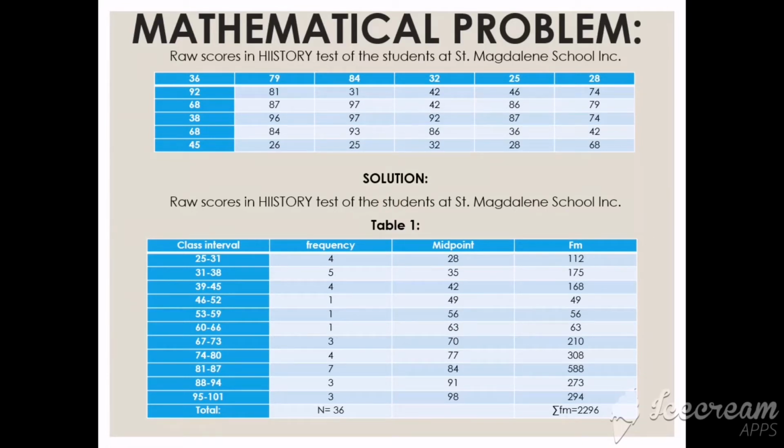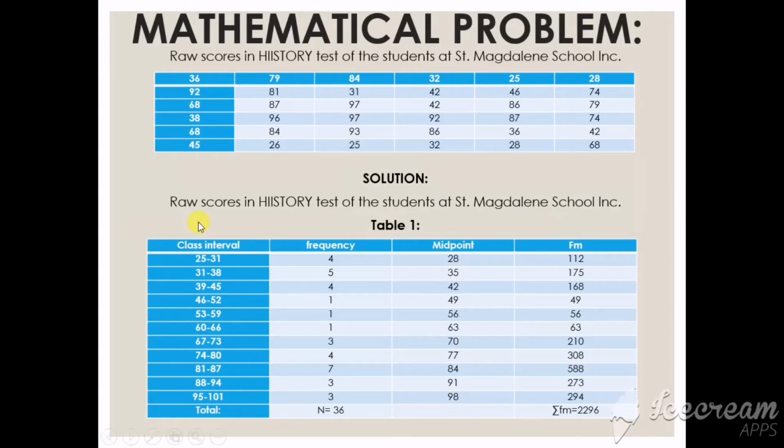So first, we are going to make another table containing class interval, frequency, midpoint, and the f of m. So in class interval, we are going to use 7 as the class size of each data.